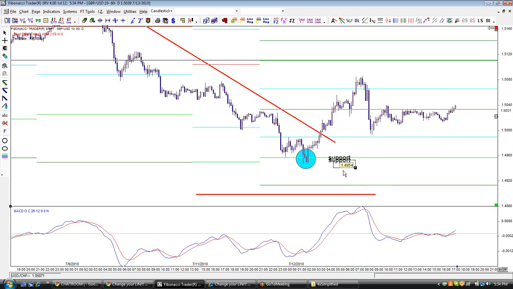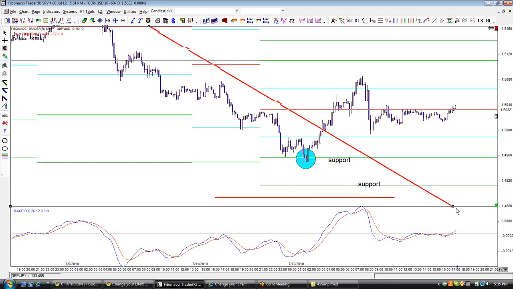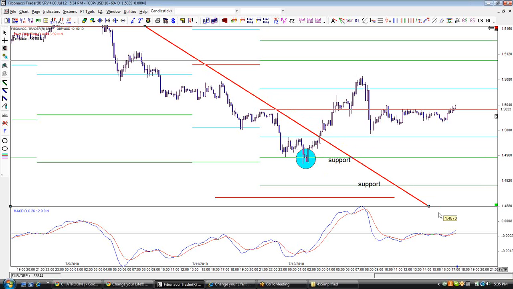Well, this pivot line is also support. Now here we have one support, here we have a second support. My stop goes below. Is my stop safe? Of course it is. Can I get stopped out? Well, of course. If price continues and blows through my entry, I'll get stopped out probably. But if this entry was good, I had my stop in a safe place.